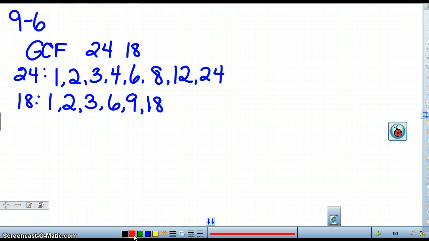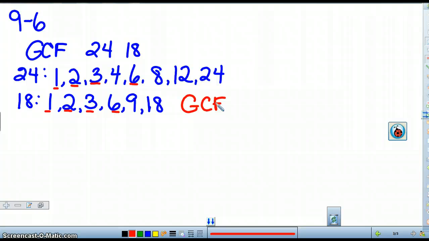And so it has several common factors: 1, 2, 3, 6. 8 is not. The greatest common factor is 6. That's one way to do it. It's up to you how you choose to do it.